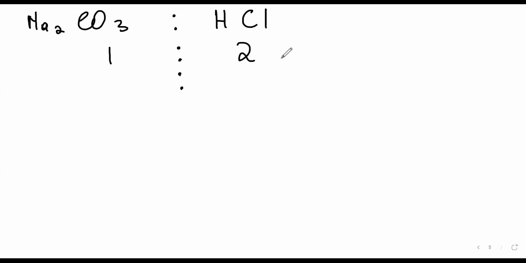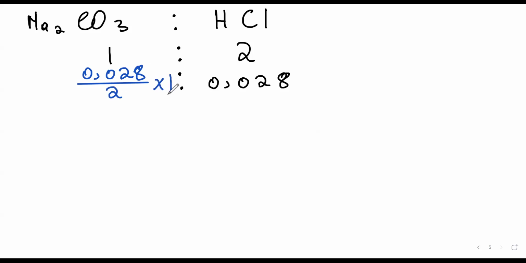Now, for this hydrochloric acid, we know that we are given 0.028. Now we just need to find the moles for sodium carbonate. We are using these moles, not the ones for carbon dioxide that have been produced. No way, because that amount is actually not produced.